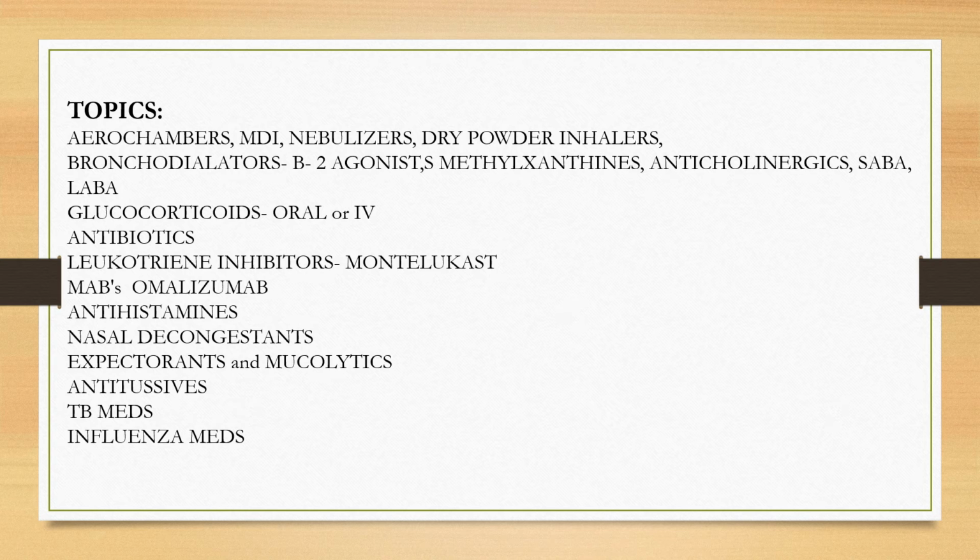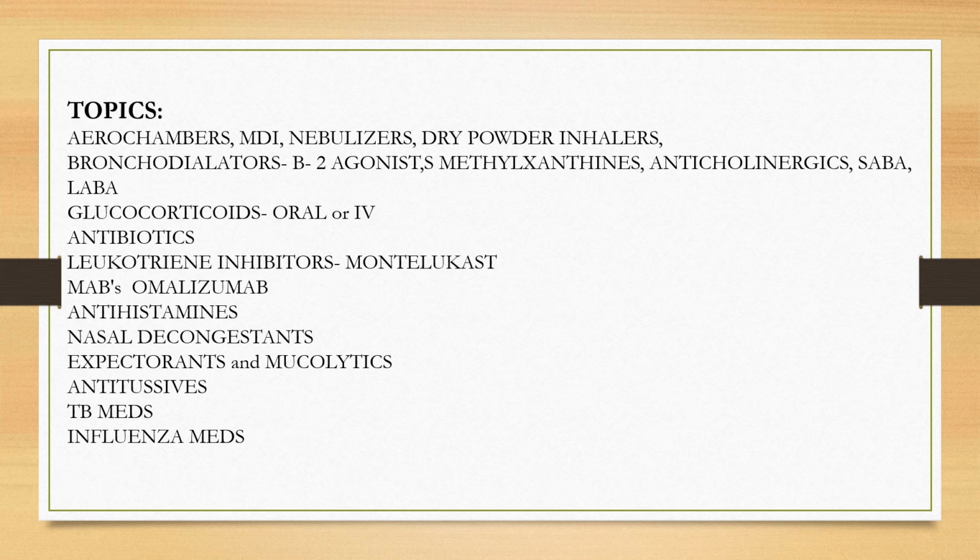Monoclonal antibodies, so these have come out for all kinds of diseases. So this particular one, they're all impossible to pronounce. So omalizumab, they all end in MAB usually, and in this case it's used for asthma to stop some of the inflammatory process.